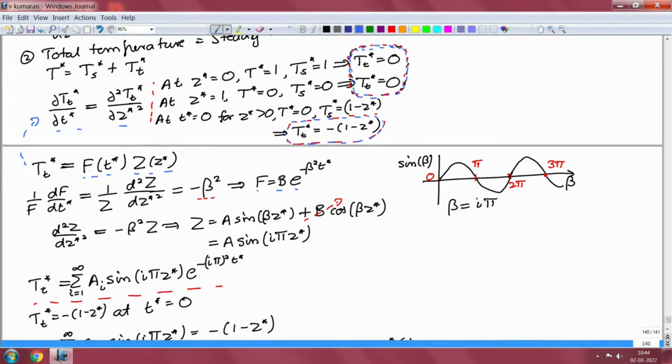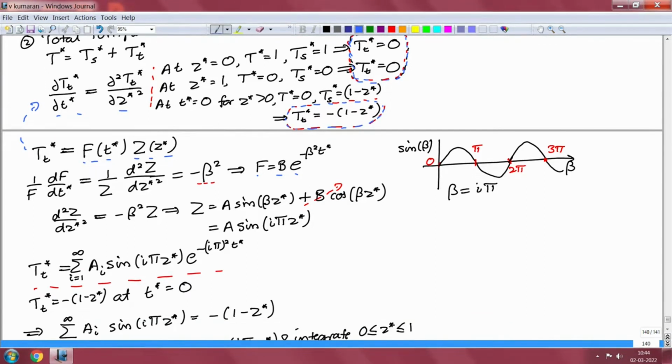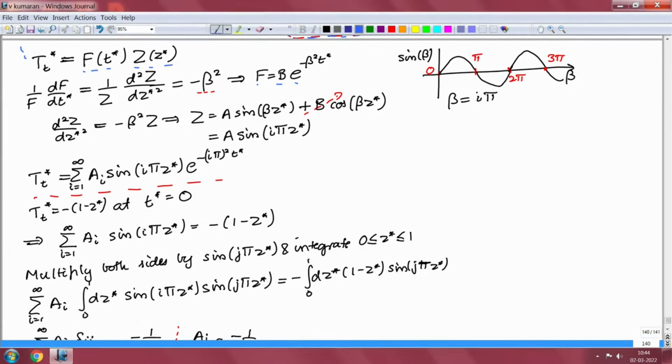One constant b has to be 0 because the temperature is equal to 0 at the bottom surface. The condition that the temperature is 0 at the top surface also gives us a specific set of values for this parameter b. The parameter b can be I times pi, where I is an integer, so that the sine function goes to 0 at the locations where beta is equal to I times pi, and therefore the boundary condition is satisfied.